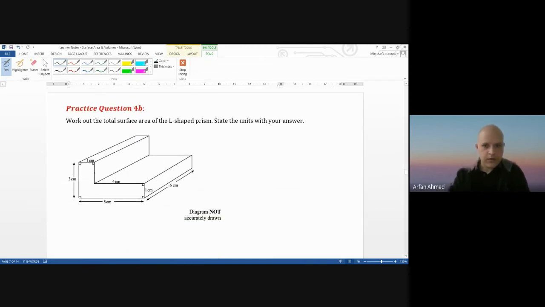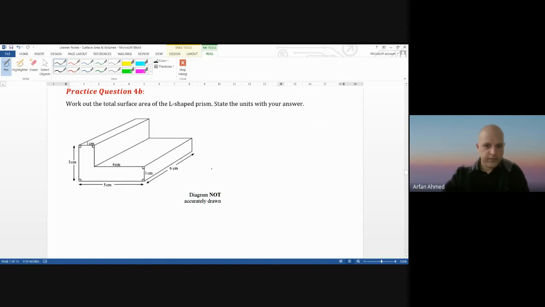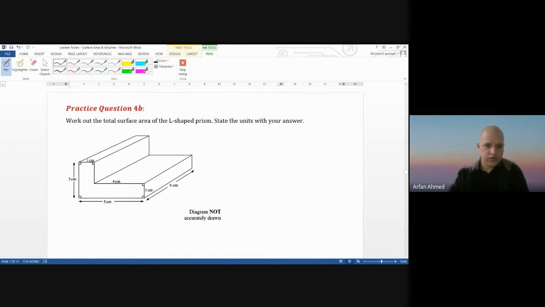Okay, so we got loads of faces in this one. This is quite tricky. Let's do the L shape first. I'm going to have to split this. I'll tell you what, let's split it this way. It's probably easier. You could split it the other way if you wanted to.